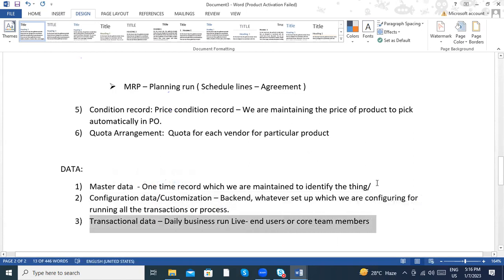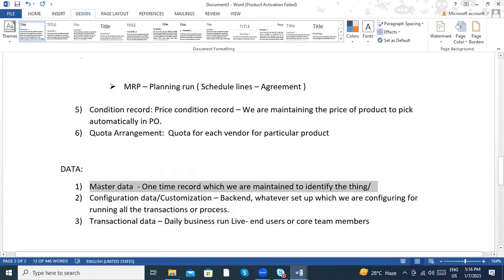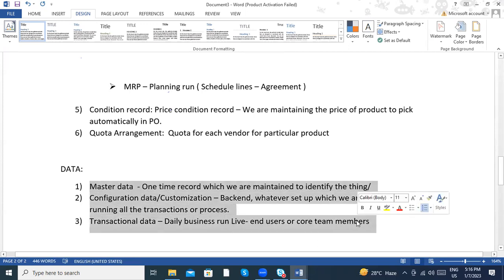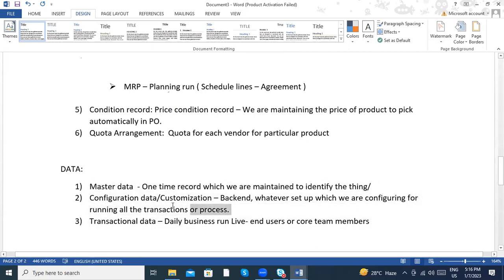Even for master data, if a master data team is there, the master data team has the access. If the master data team is not there, then the user or someone who is performing that has the access. But other than that, in the live system, we should not perform anything. The configuration data will be strictly restricted in the production system.